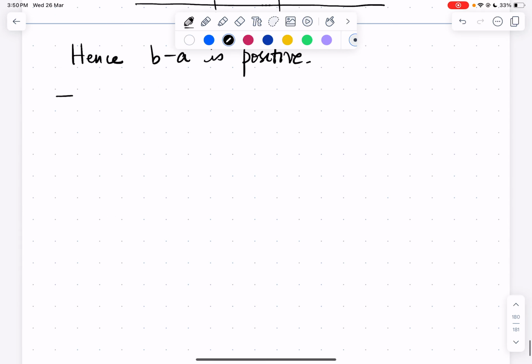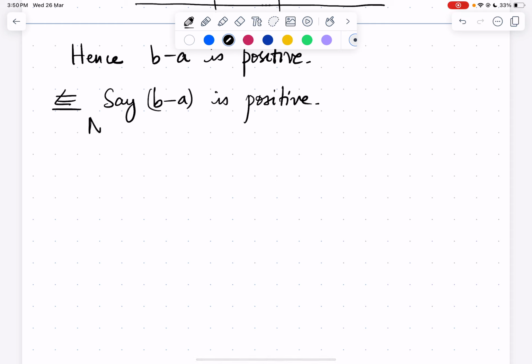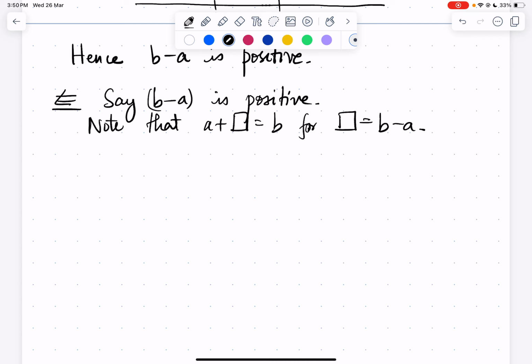Now we'll show the other direction. Say B minus A is positive. Note that A plus box equals B for box equals B minus A. And note that we have the above box is positive.